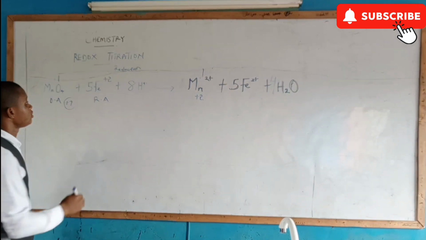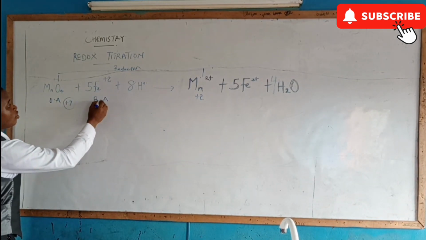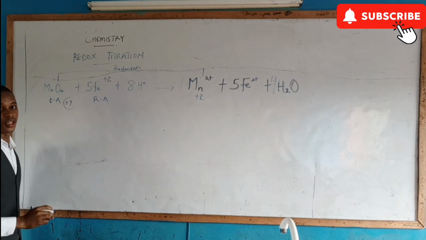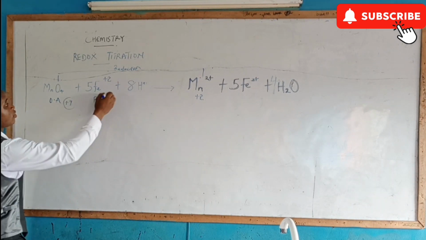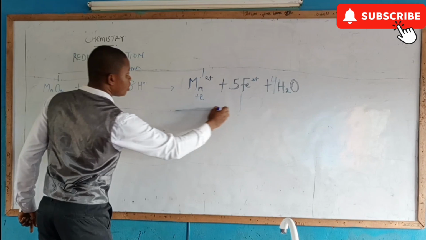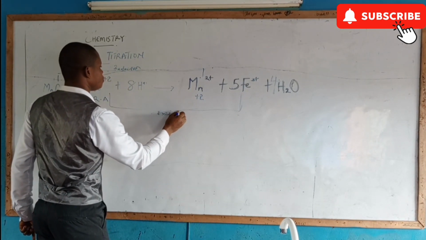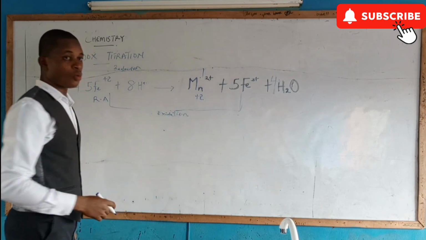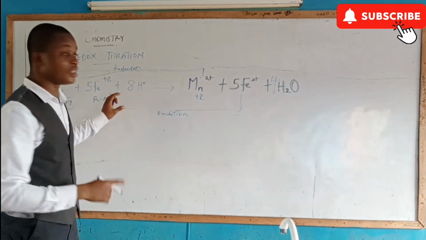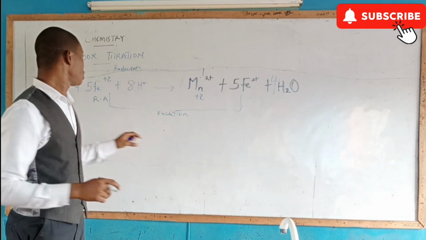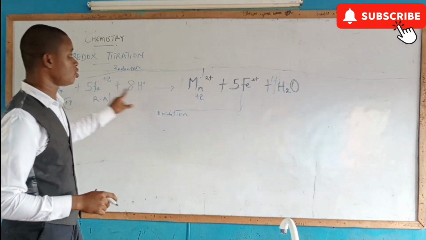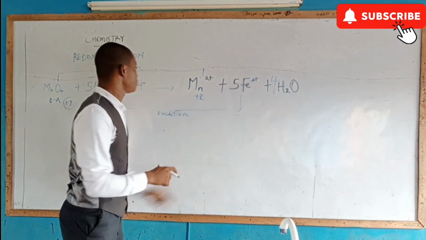On the other hand, we have iron, which is +2 here, iron 2 sulfate, undergoing oxidation. And why is it oxidation? There is an increase in oxidation number from +2 to +3.